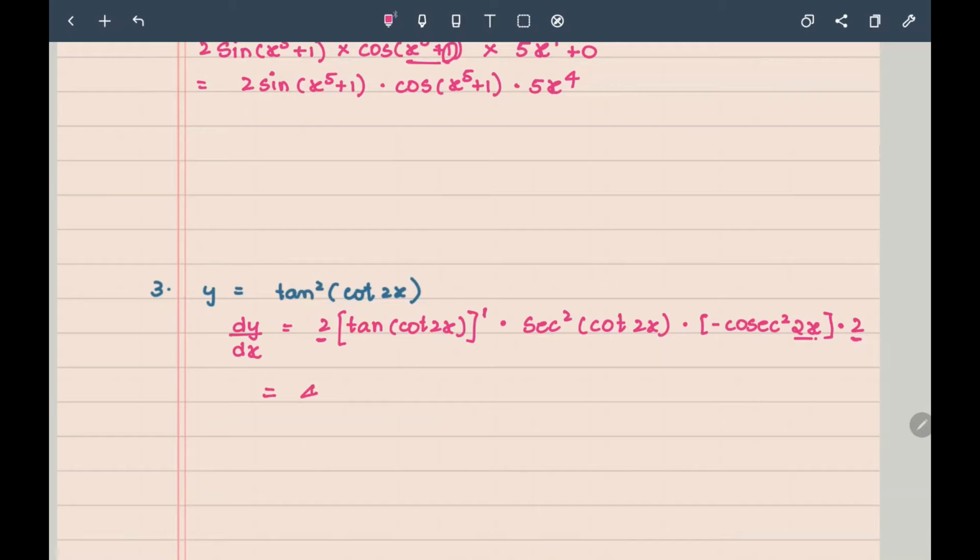It will be 4 into tan of cot 2x into, everything is multiplication, secant square of cot 2x into, there is a minus sign, so I am placing a minus in the front, and cosecant square 2x. If you want, you can do more simplification using the formulas of trigonometric ratios.